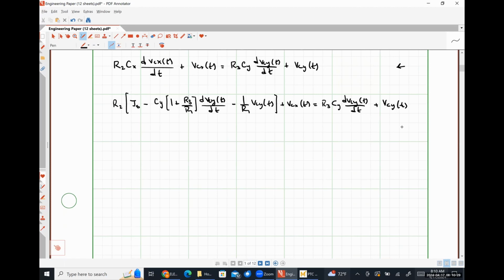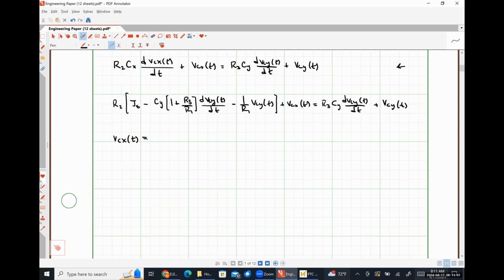Alrighty, so let's see what's going to shake out of this. So I'm going to have VCX over here. And let's do my derivative terms first.